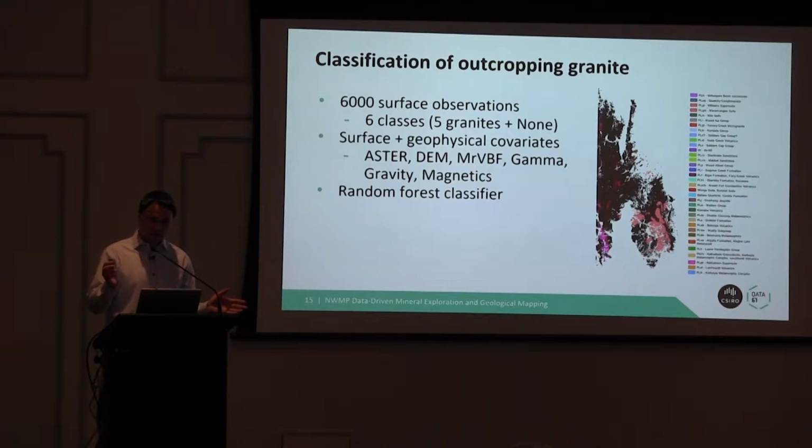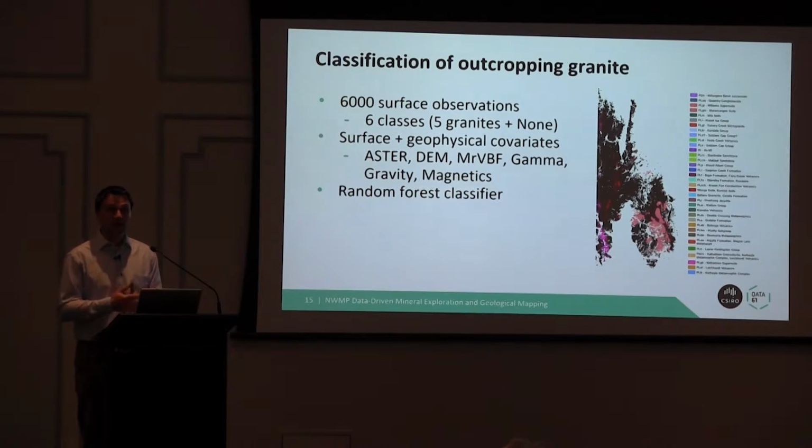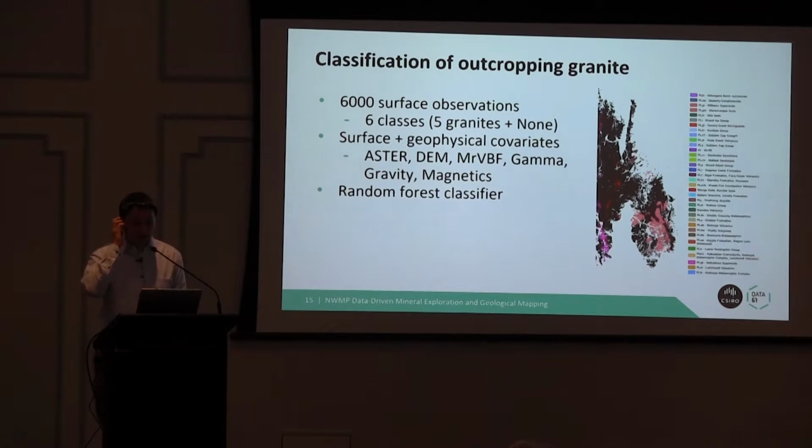Now I will move into machine learning and how we can use it to find granite outcrops in the area. So we used the field observations that are stored in the database of GSQ. We had 6,000 surface observations to find basically six classes, so 5 types of granites and 1 class for non-granites.